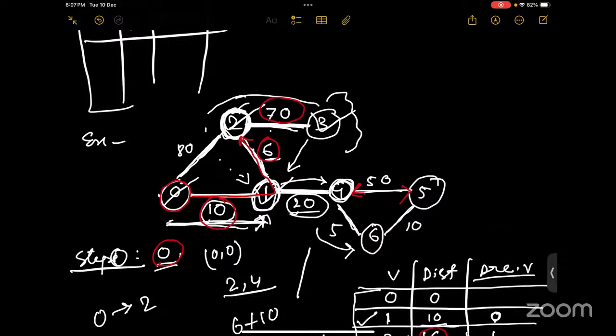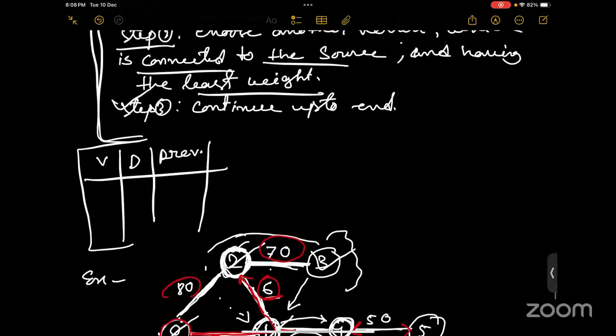That is why we choose this weight, because between 80 and 10, 10 is less. Similarly, when we add 1, we have these two edges connecting with 2 and 4 respectively. This weight, 6, is the least, so we choose the 1, 2 edge. That is how we move in Dijkstra's algorithm.